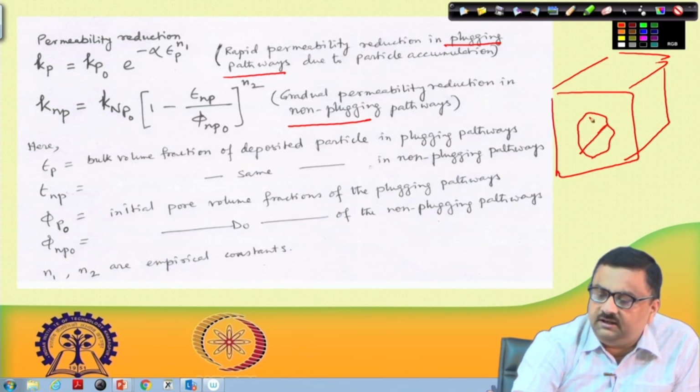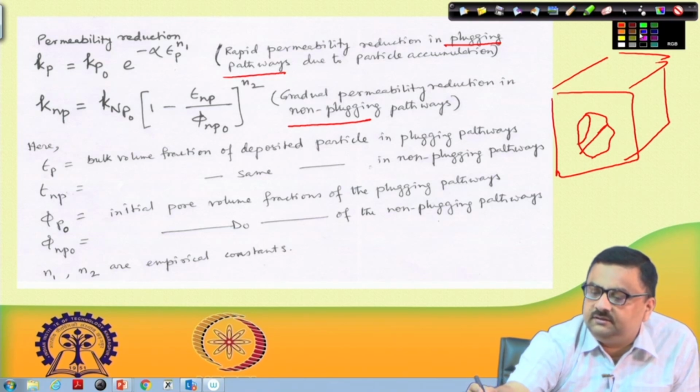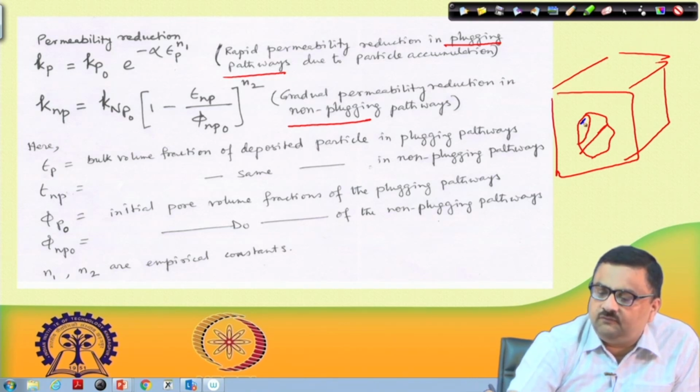So, if this is the plugging pathway, now there is a deposition of volume here.